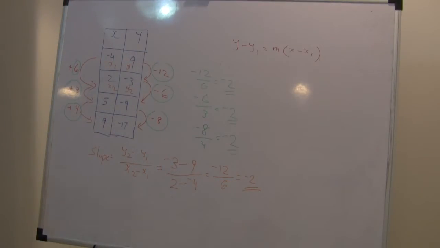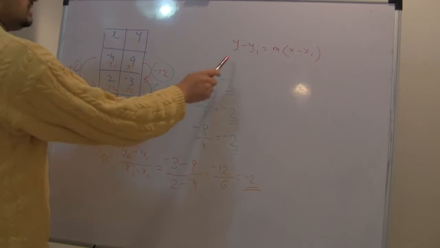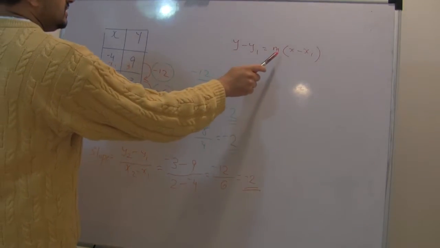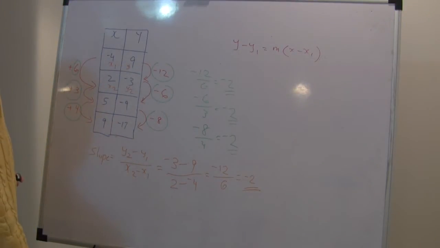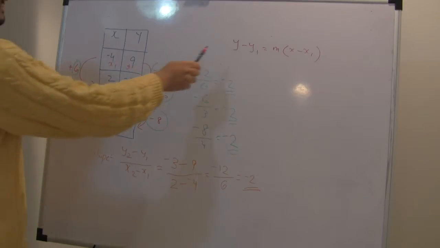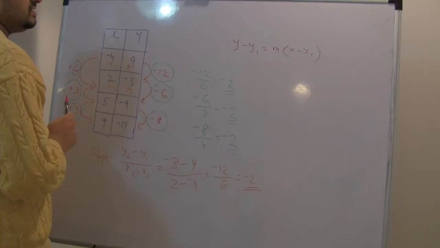Okay, step 4. Use the equation y minus y1 equals m times x minus x1 to find the y-intercept. Okay, I'll show you how. That's step 4. So take a look at this. What is this equation called, Moni?